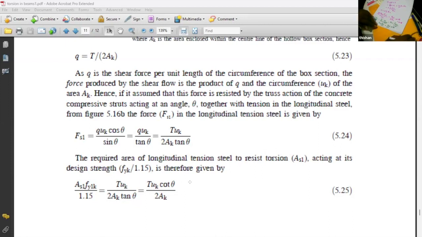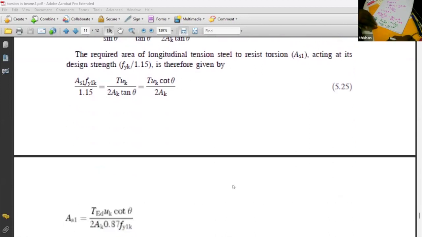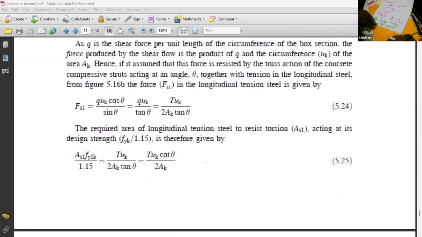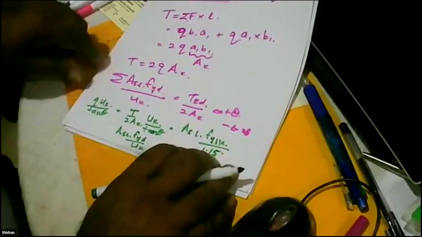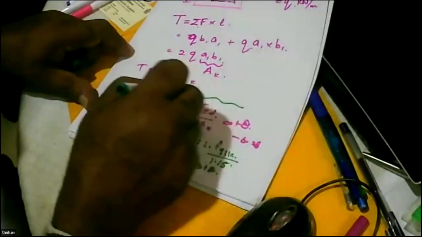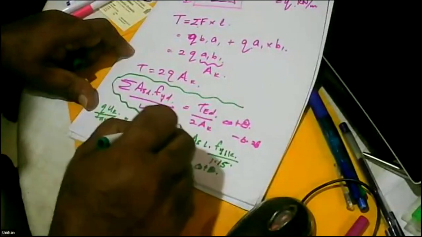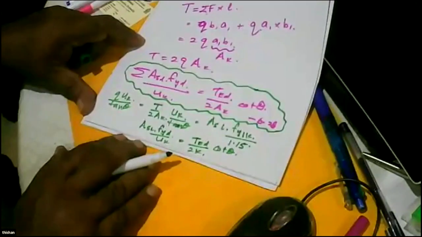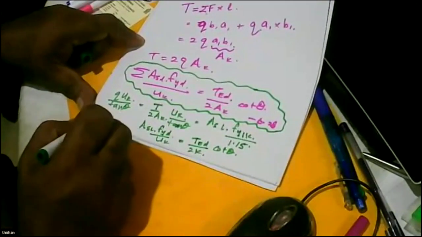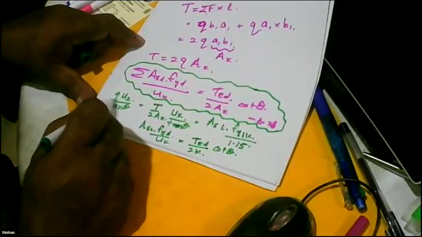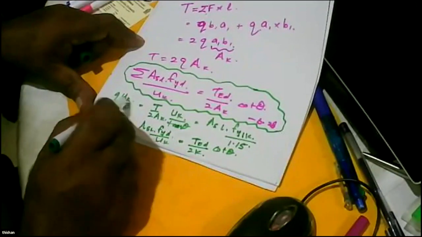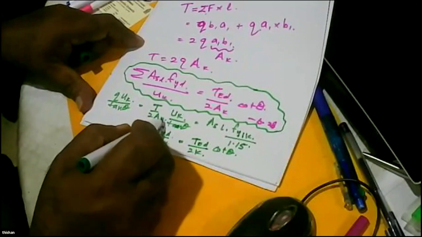Right. So I'm just going to show you the code equation. I'll stop share. This is the code equation. I copied the equation given in the code, equation 6.28, and the horizontal component is q Uk over tan theta, and q is T over 2Ak.